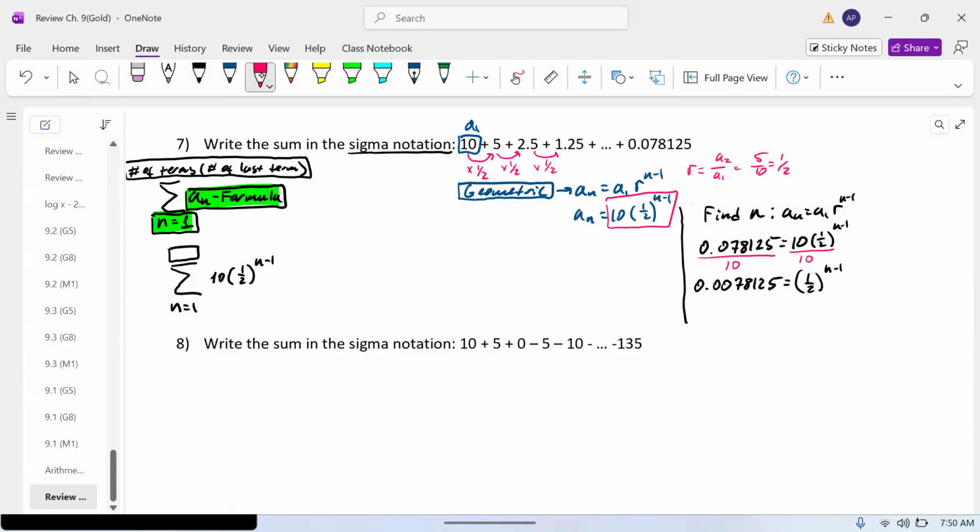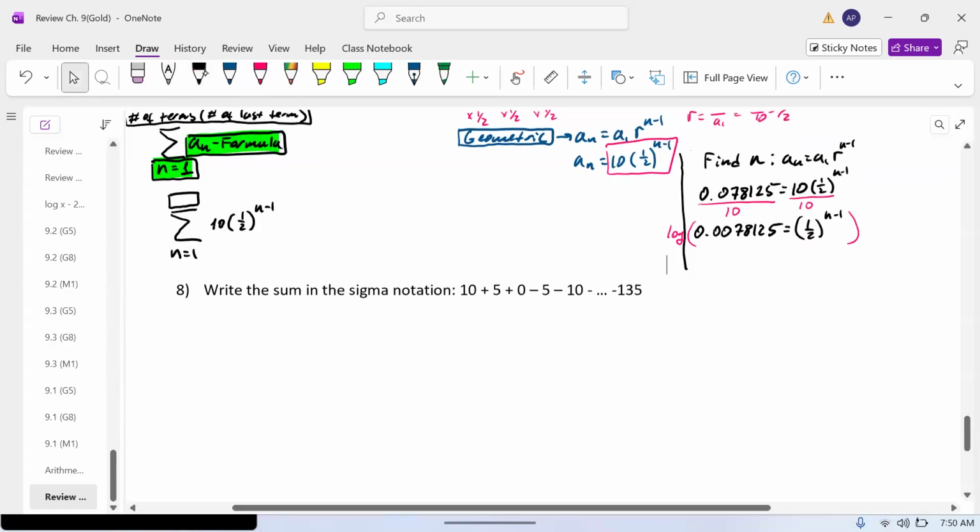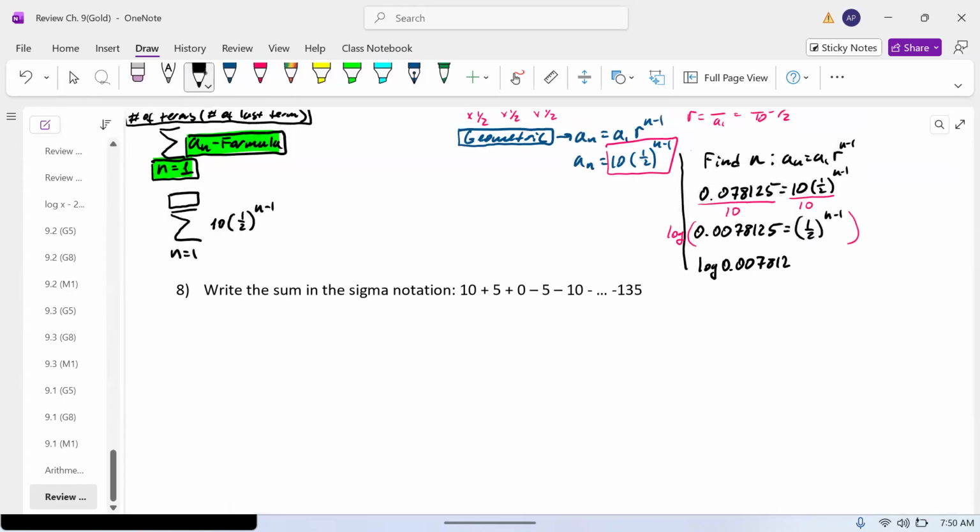And we, of course, have to take a log of both sides. So log of 0.00788125 equals, I'm going to speed this up a little bit so we can bring the power down, n minus 1 times log of 1/2. And then we're dividing by the log of 1/2 on both sides.